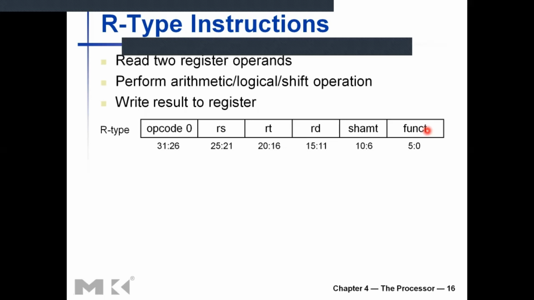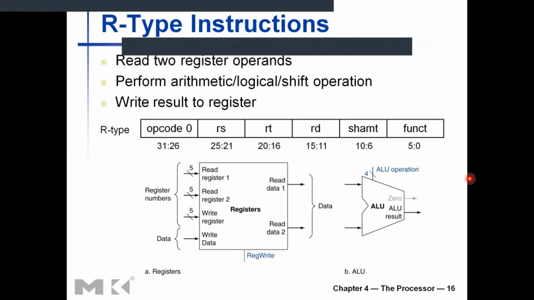Or if it is a shift operation, the SHAMT field will tell the ALU by how many times you need to do the corresponding shift operation. Right. So these are the hardware elements we need to get this operation in addition to the fetch mechanism, right?